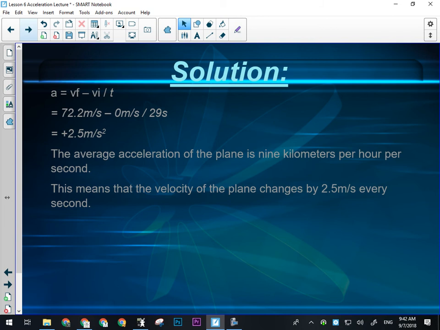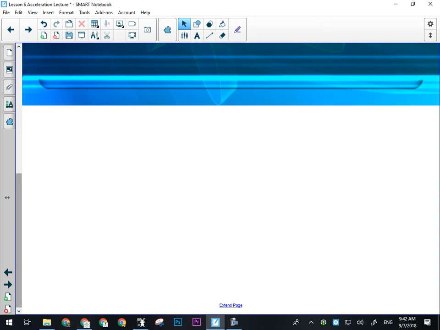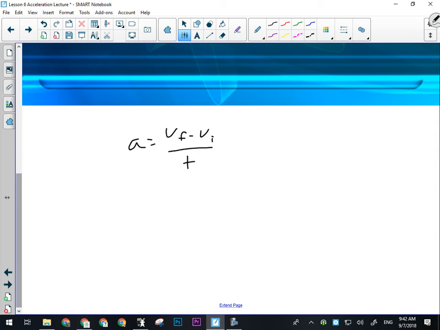All right, so this is what we just did. We took the formula, we plugged in our numbers, we got positive 2.5 meters per second squared. Now, remembering here, guys, that the units doesn't mean that it's actually squared. When I do this formula, remember that I'm dividing meters per second by seconds. So my units for acceleration are meters per second per second.